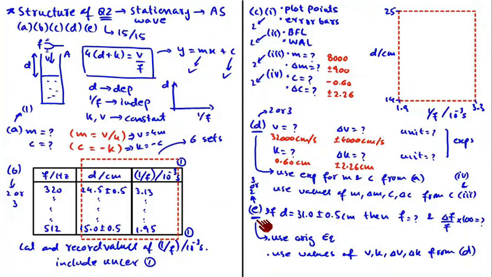So in E part, we use the original equation to obtain an expression for f first in terms of constants V and K. And then we use the values of constants V and K that we determined in part D to determine the value of f and its percentage uncertainty. I have already done that too, and these are my results. F came out to be 253 hertz, and percentage uncertainty in F came out to be 21%.